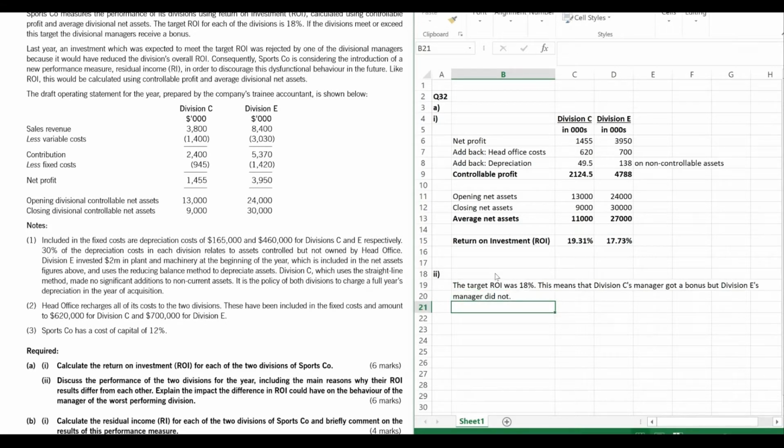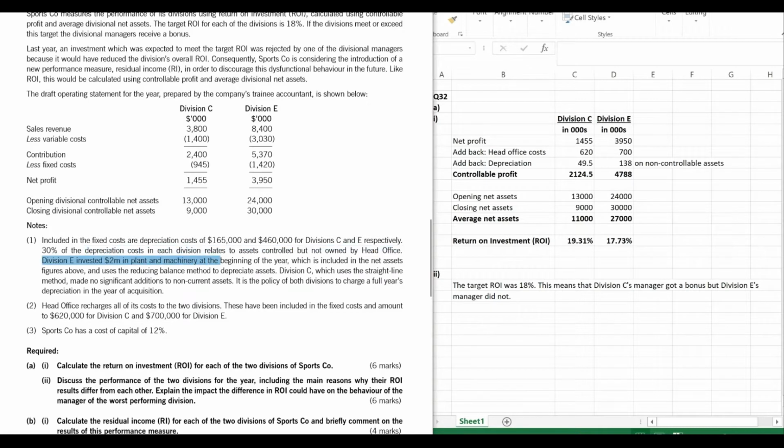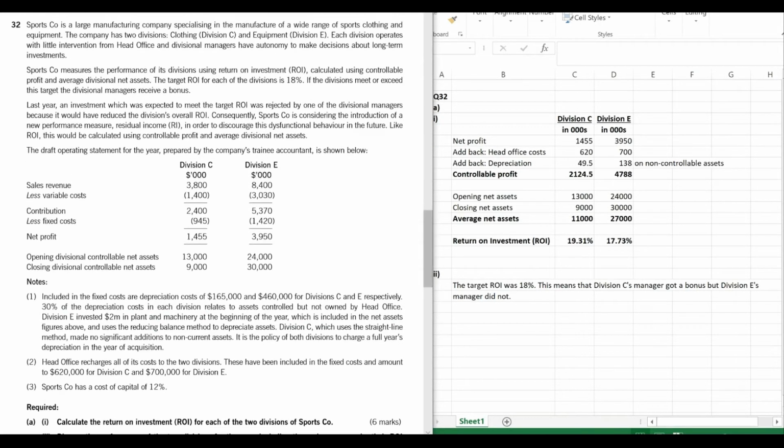Okay, now let's see who's been doing the manipulation. So it says included in the fixed cost that depreciation is not an issue. Division E invested $2 million in plant and machinery, which is included in the net asset figures above, and uses a reducing balance method. Division C has not made any significant changes, and as we saw above, they mentioned that one of the managers had complained, right?